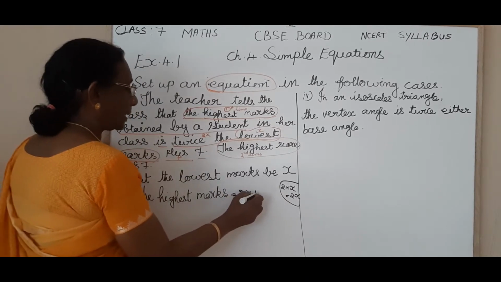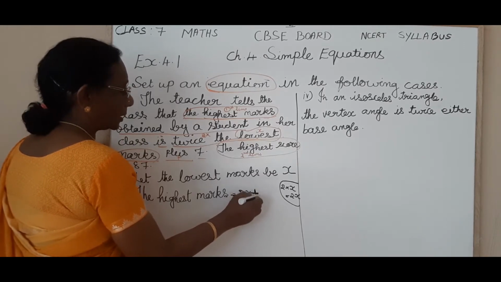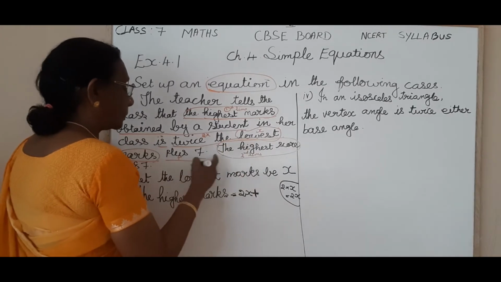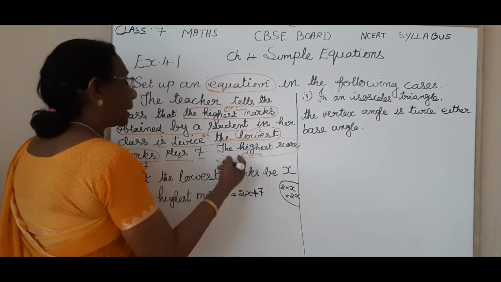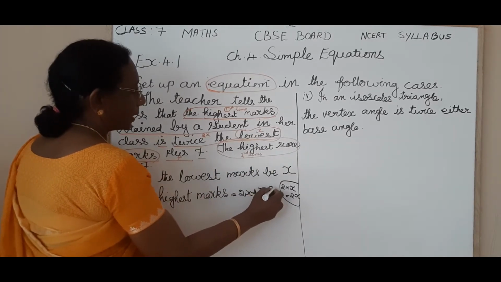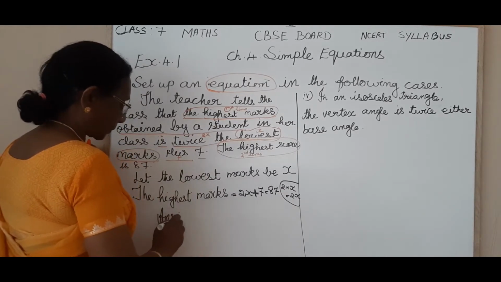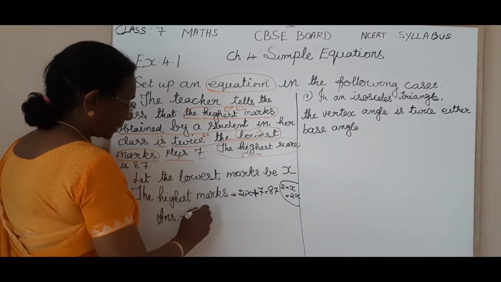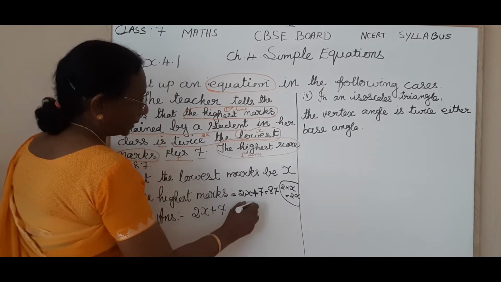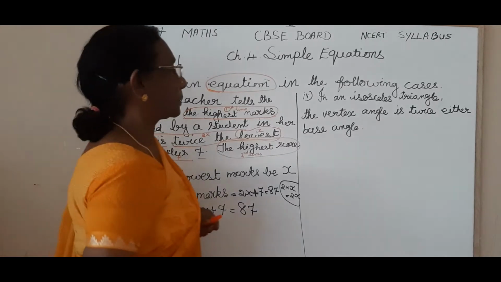It is given in the straight form; it is not given as sum, more than, or less than. Plus 7. But what is the highest actual mark? 87. So this is equal to 87. So the answer is 2x plus 7 is equal to 87. Is it clear?